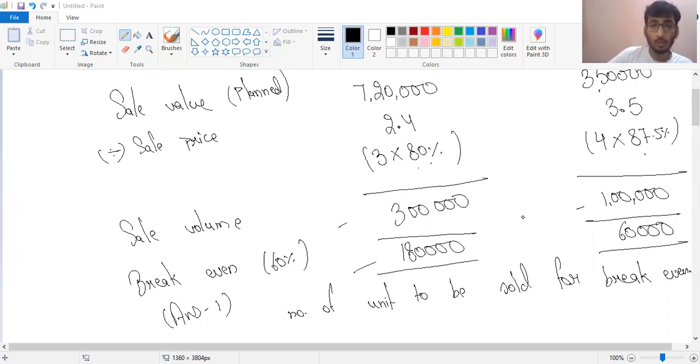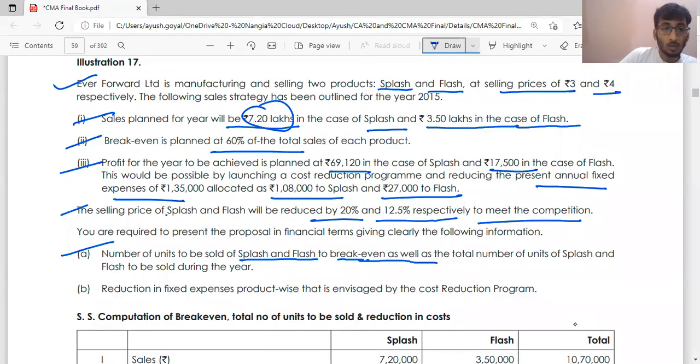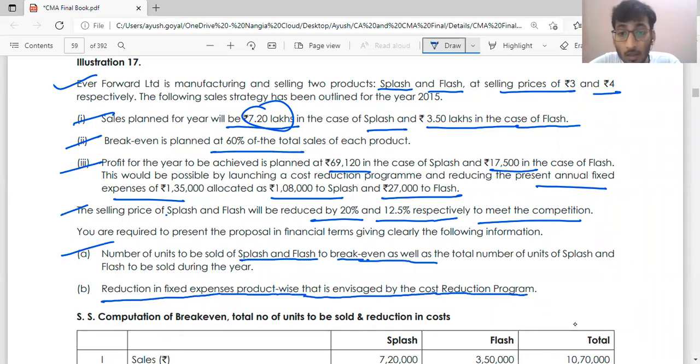Now the second point is the reduction in fixed expenses product wise, that is envisaged by the cost reduction program. Okay, so the reduction in fixed expenses. What is the reduction in fixed expenses?